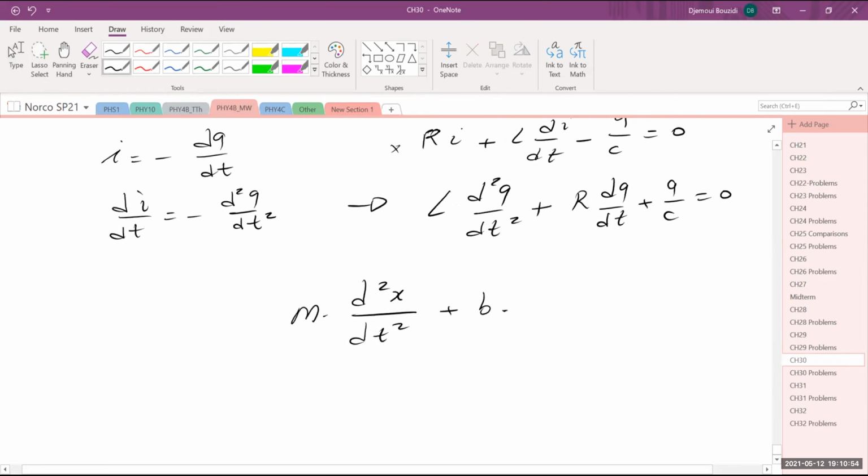It looks similar if I replace x with Q, the mass with L, the coefficient of viscosity with the resistance, and the spring constant with 1 over C.